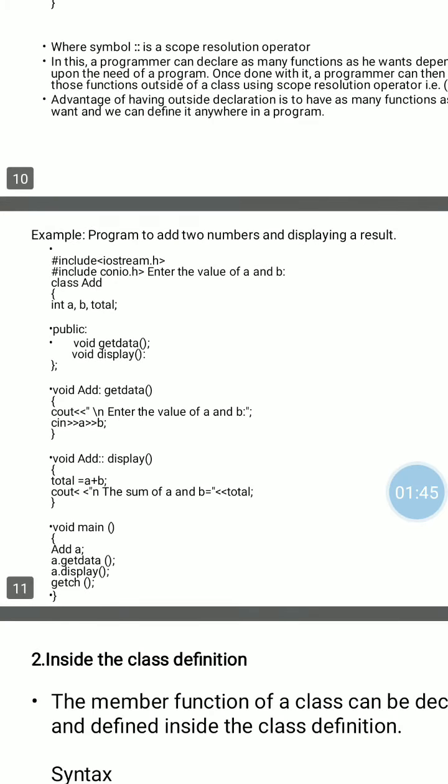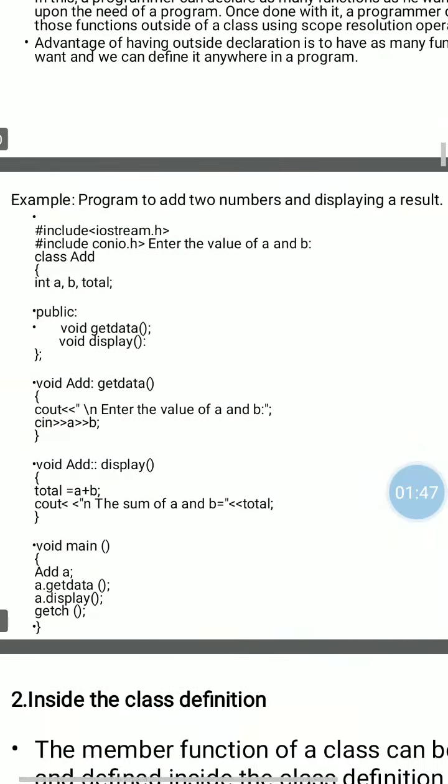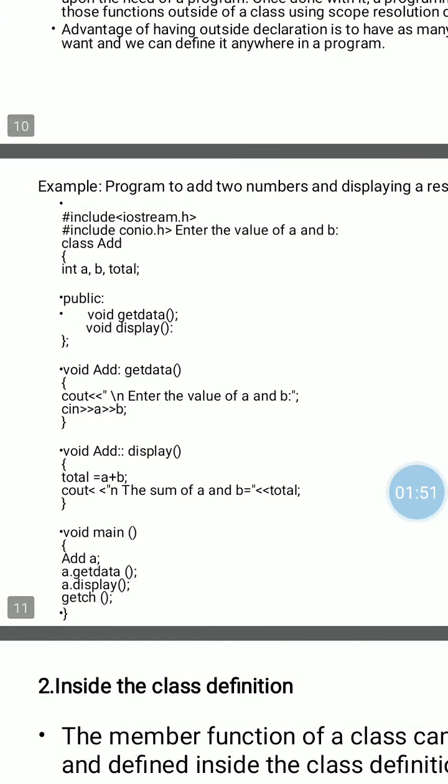Take one example here. class add. The variables are a, b and total. By default these variables are private because we have not specified an access specifier here, so implicitly the access specifier is private.